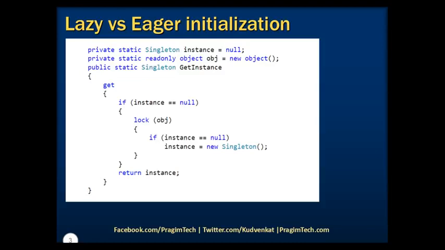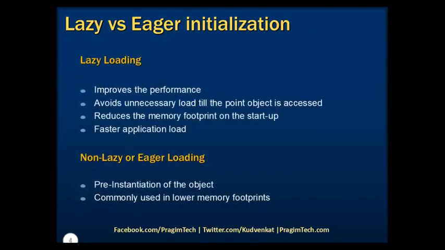Basically, the lazy initialization of an object improves the performance and avoids unnecessary computation until the object is accessed. Further, it also reduces the memory footprint during the startup of the program. Reducing the memory footprint will help the application to load faster.